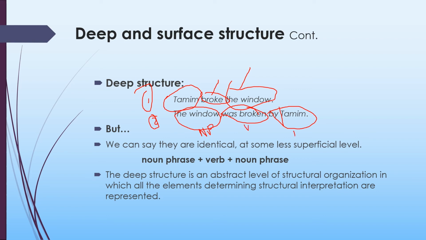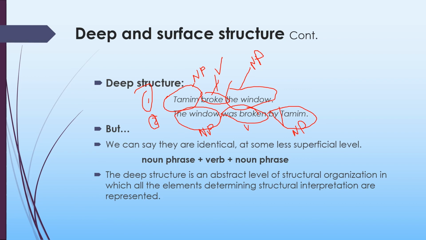And here also we have noun phrase, then verb, then noun phrase. So if we look at this at a less superficial level, we can say that we have the same structure in both of the sentences.